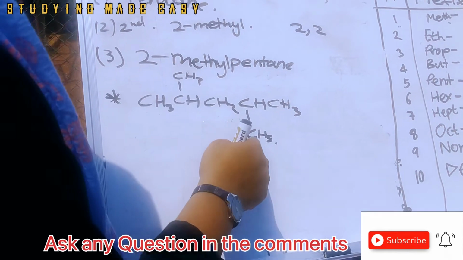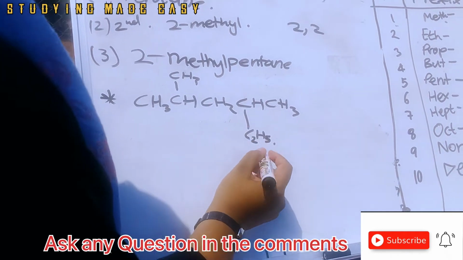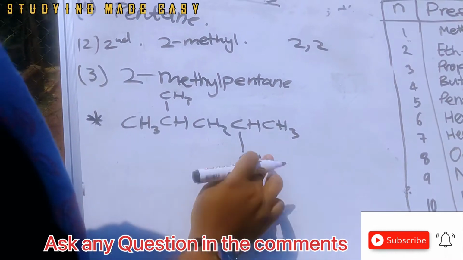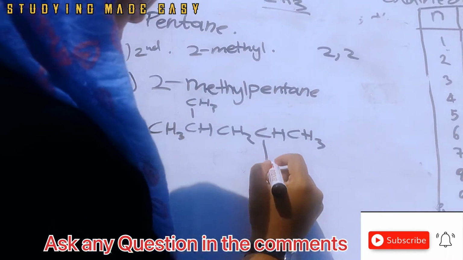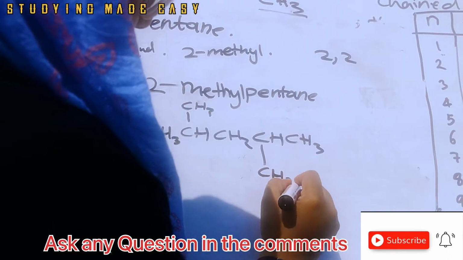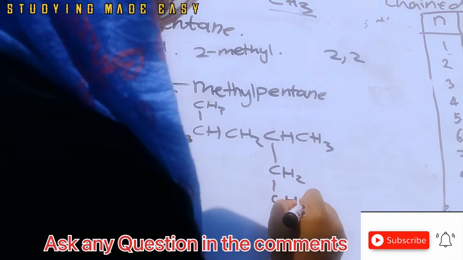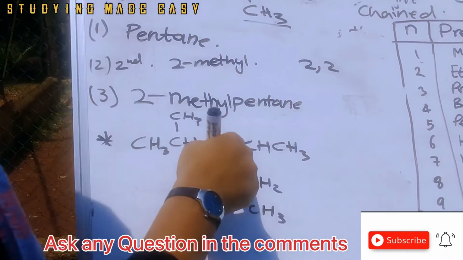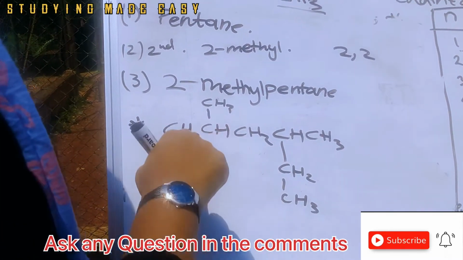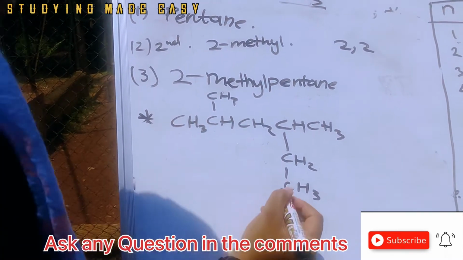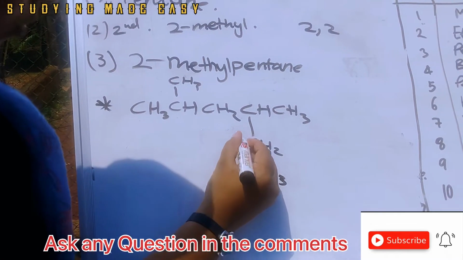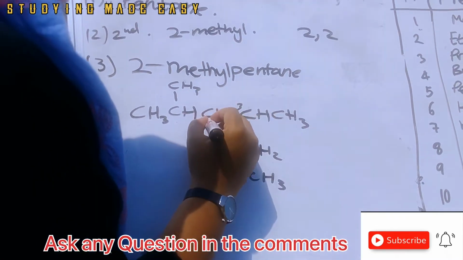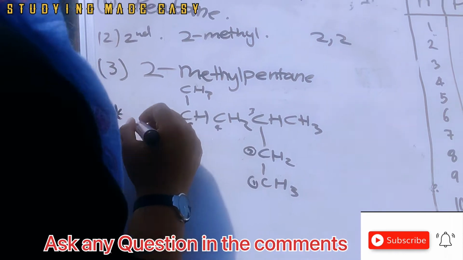And if you start counting from here, this can be written as CH2, CH3. Alright, so if we start counting from here, it's 1, 2, 3, 4, 5, 6.